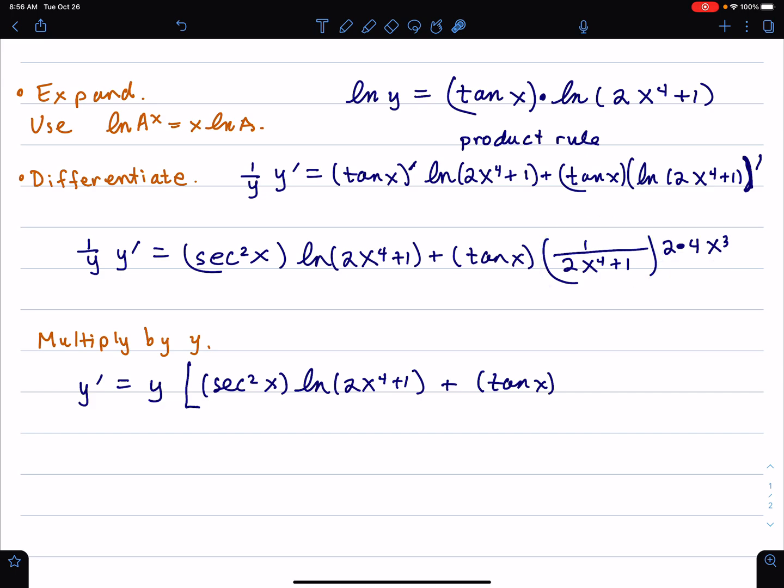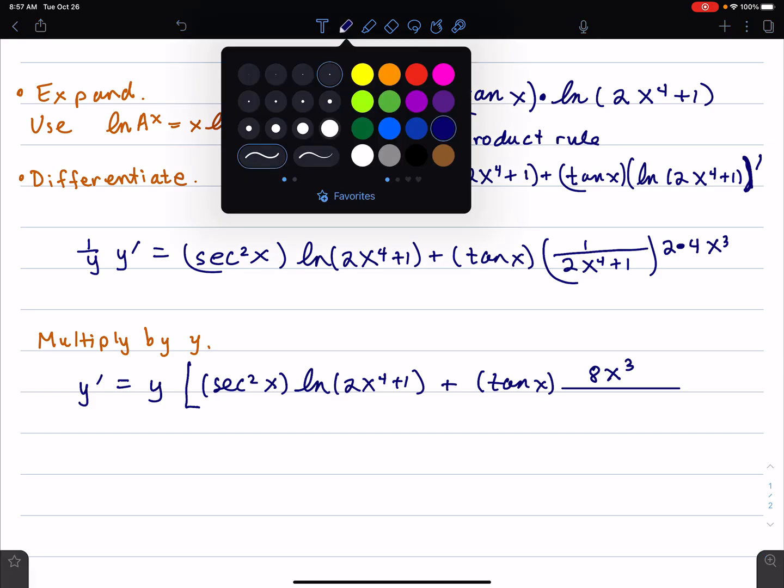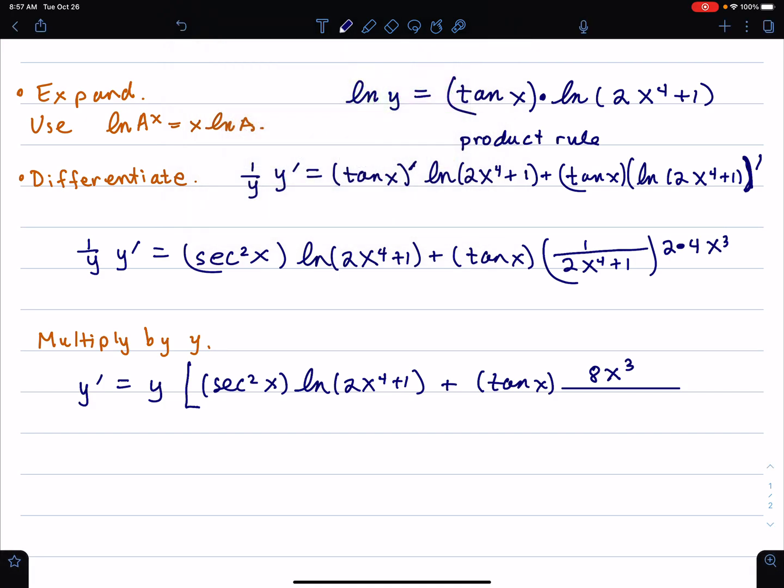I multiply the numerator times the 1, and I get 2 times 4 is 8, 8x to the third power. Actually, we could multiply the tangent on the top too. That's probably a good idea, but that's a question of style. Maybe I'll do that on the next line.